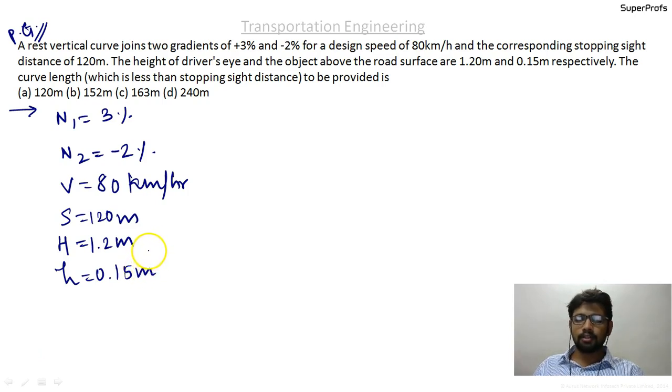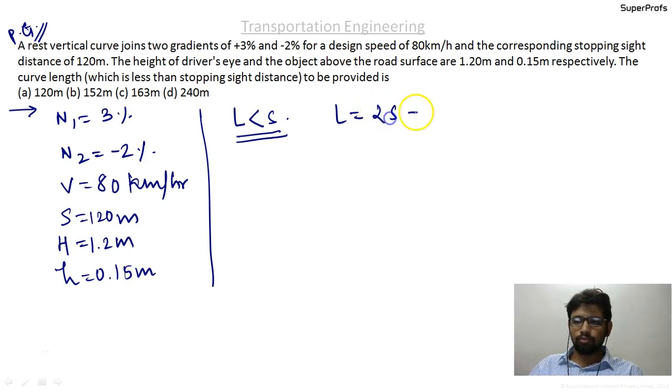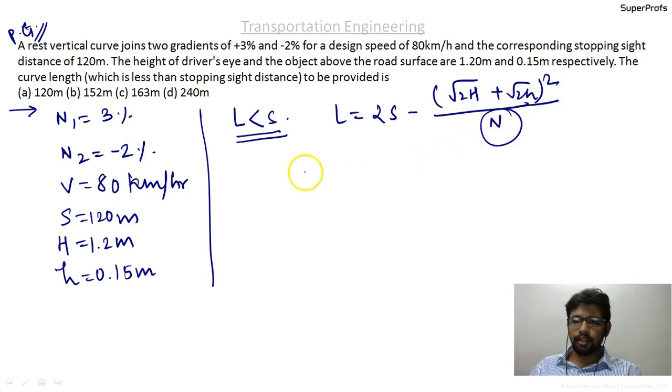The curve length, which is less than the stopping sight distance to be provided, is... Here it is given that the curve length is less than the stopping sight distance, so it is case 2, and we have a simple formula: L equals 2S minus, in brackets, under root of 2H plus under root of 2h, whole square, upon N. But we need to first calculate this N value.